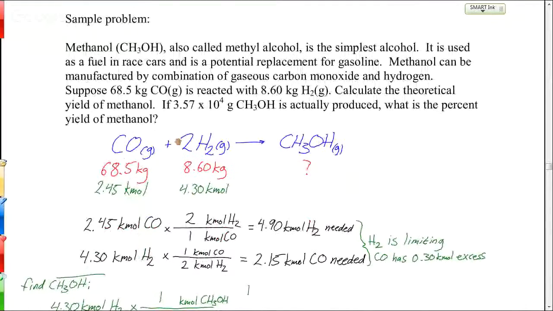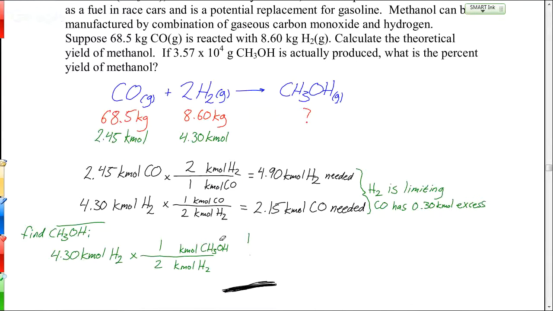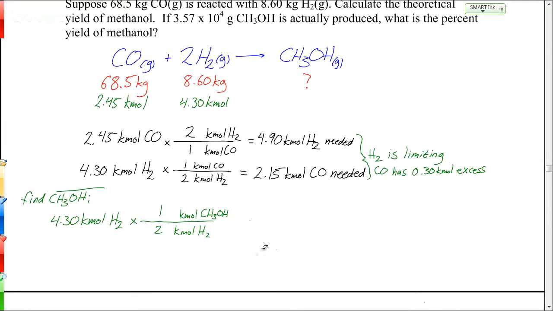All right, so the equation here tells us that we've got 1 of these for every 2 of these. And that's where these numbers come from. Yeah, I have an eraser now too. Okay, good. So then our last step is going to be finding the mass of the methanol. We can just keep that in this same line.